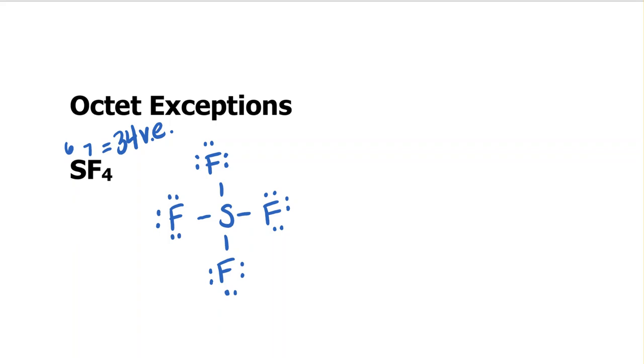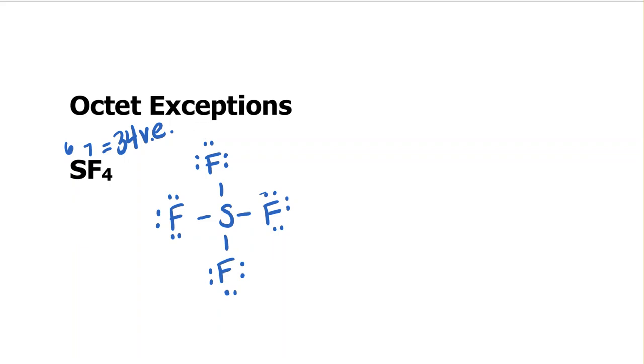Fluorine, though, needs 8. So I put them on the outside first, and then I'm going to see how many valence electrons I've used up. If I look around each fluorine, I'll have 2, 4, 6, 8. So there's 8 there, 8 there, 8 there, and 8 there. It's pretty easy to see that that all adds up to 32.